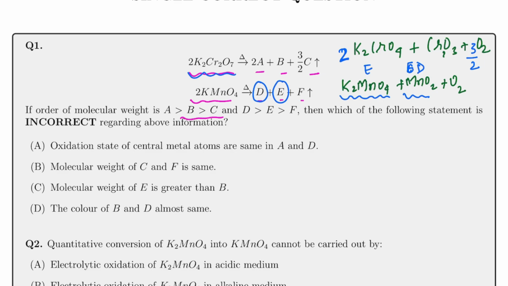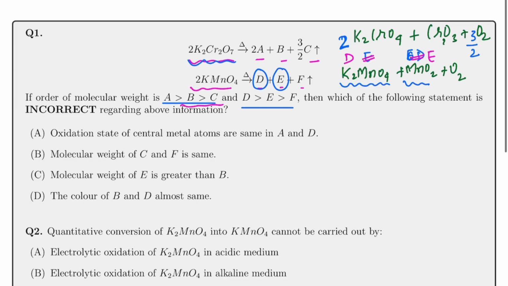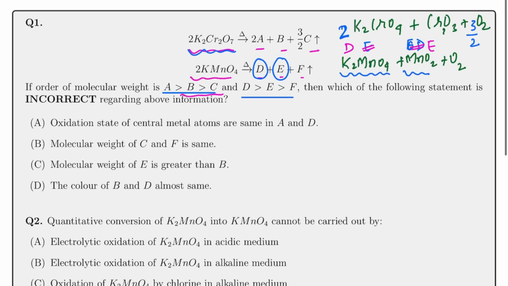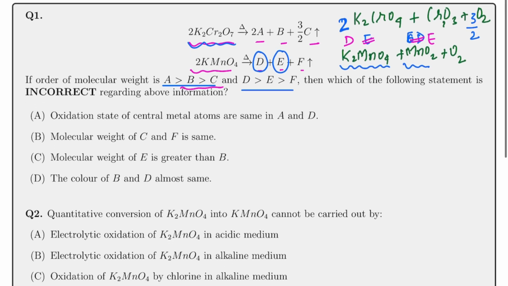For that, this information is given. If you know this information, you will be easily able to segregate. So K2MnO4 is D, MnO2 is E. In a hurry, most of the students will commit a mistake, and that will be the deciding factor in your rank also. So now you have got A, B, C, D, E, F, and let's try to figure it out.